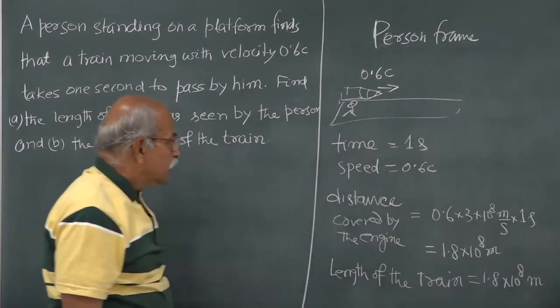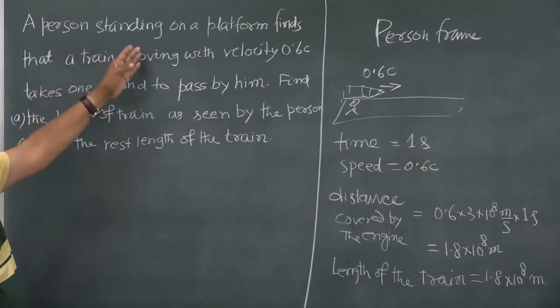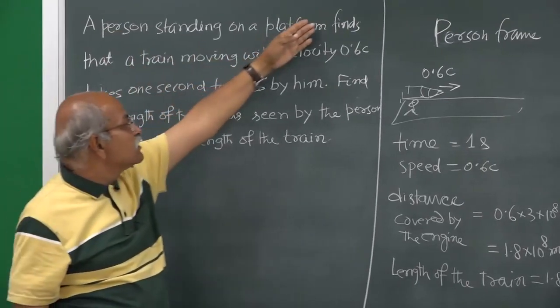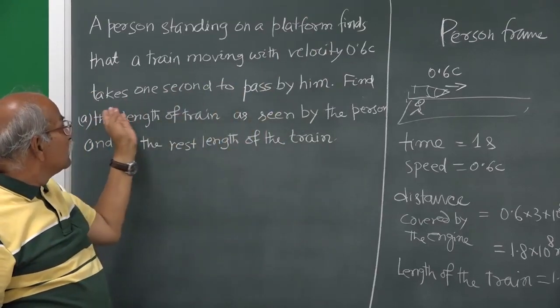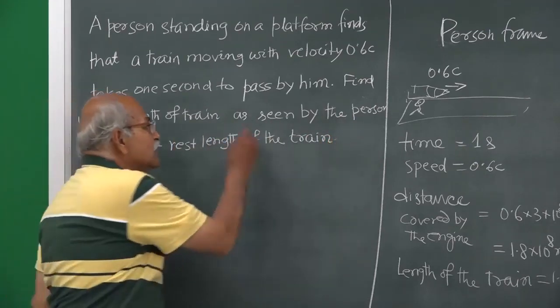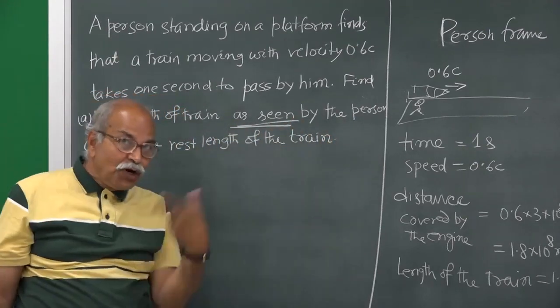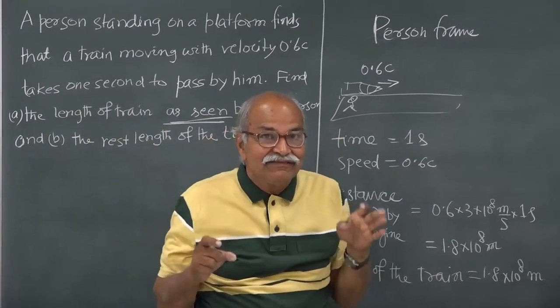Okay. And when I say that a person finds the length of the train as seen by the person, this 'as seen' should not be taken as seen by the eyes.